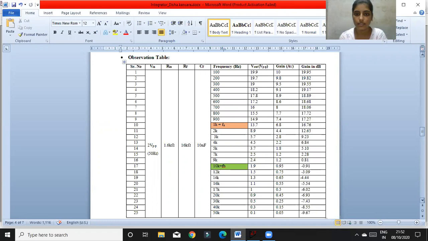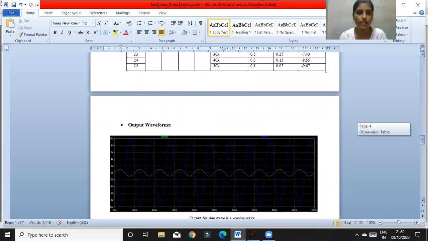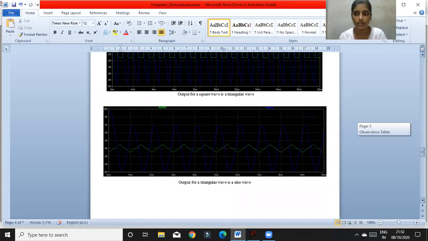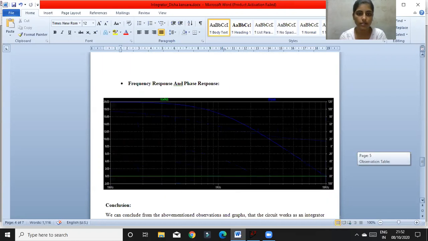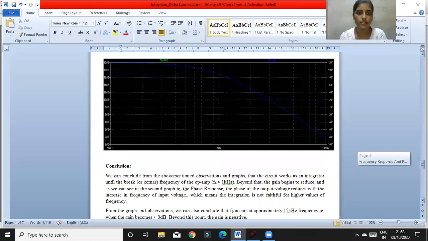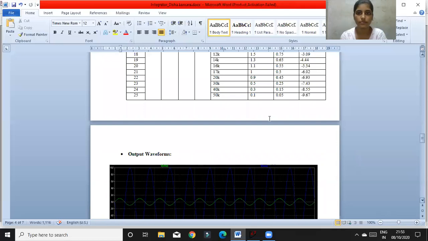So these are my other calculations, and this is my frequency response and phase response of this. Okay, so thank you.